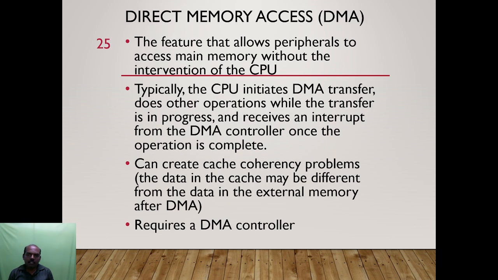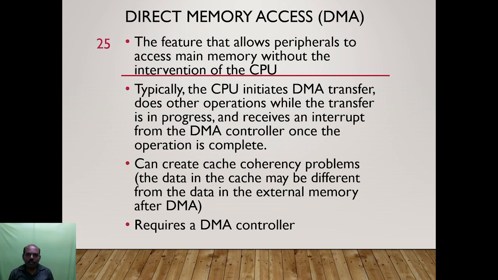Direct memory access, DMA. The feature that allows peripherals to access main memory without the intervention of the CPU. Typically, the CPU initiates the DMA transfer. DMA is nothing but direct memory access.